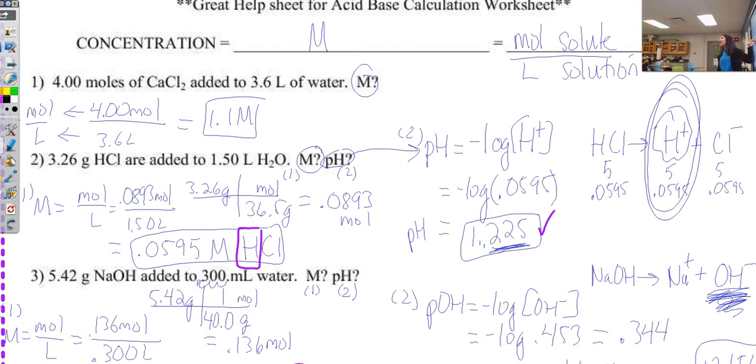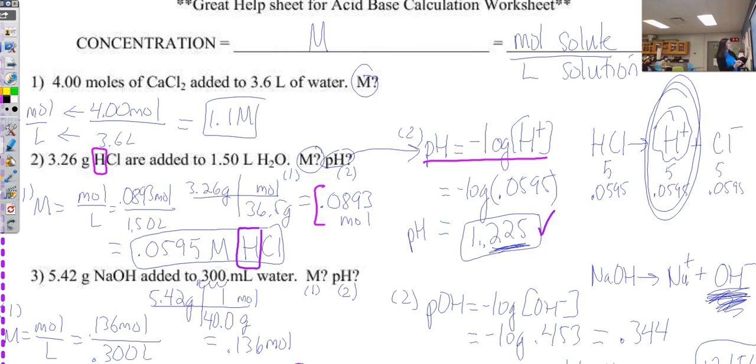But if you want to know the pH, you need to do what to the molarity? Negative log it. Awesome. Once you find your H plus, you just negative log it. Now people will say, well, how am I supposed to figure out my H plus? They gave me HCl in water. Well, if you know your HCl concentration, what's my ratio of H plus to HCl? 1 to 1.